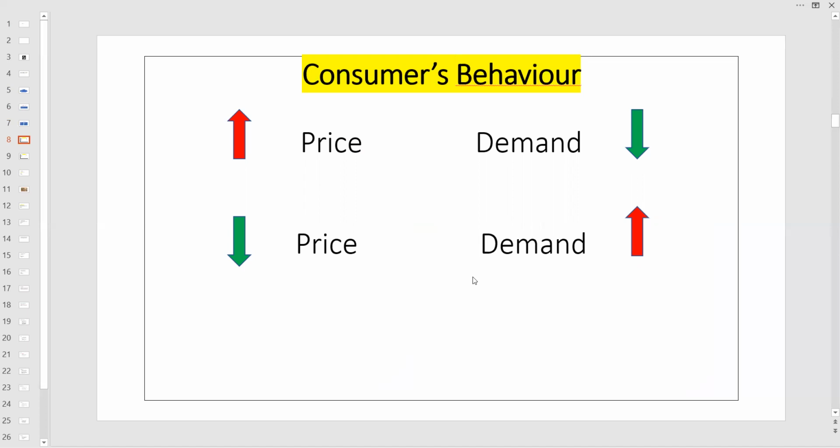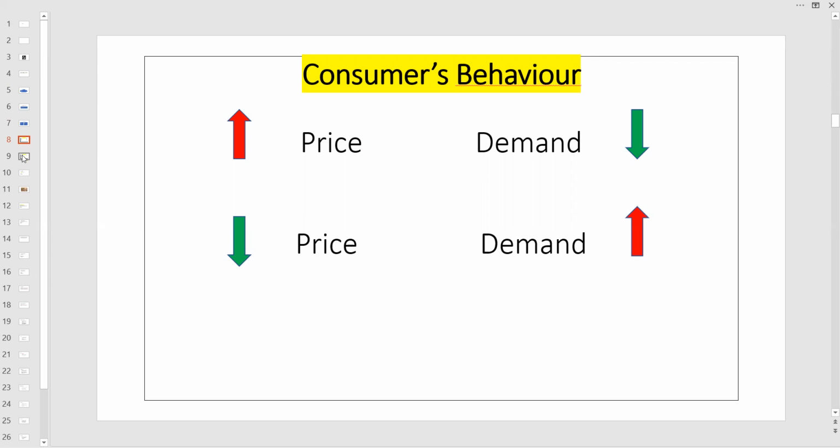So this is nothing but the consumer's behavior. Whenever the price is higher in the market, we buy less of that thing, and when the price of it decreases, then we purchase more of that commodity. So there is an inverse relation between price and demand. So this is the consumer behavior, with respect to changes in prices.